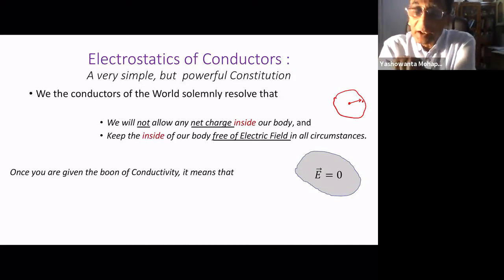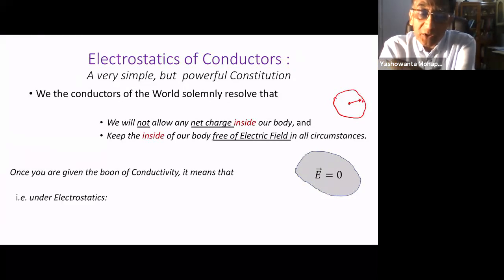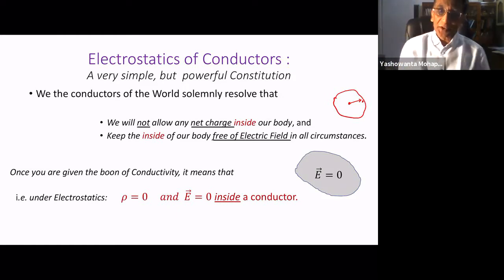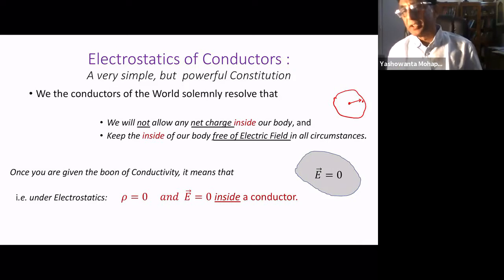So E is 0 is a direct consequence of the fact that electrons are mobile, or that it can conduct electricity. Under electrostatics, rho is equal to 0 and E is equal to 0 inside a conductor. That's the operating definition of our conductor in this course.